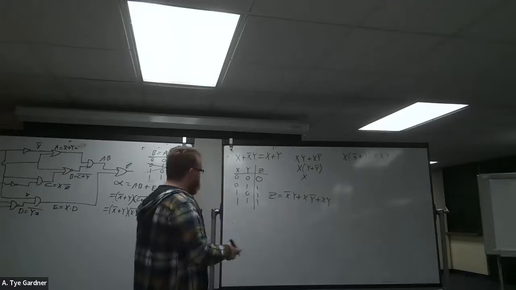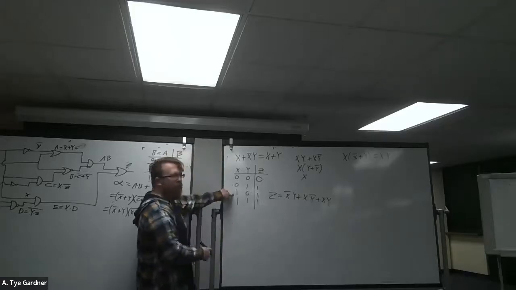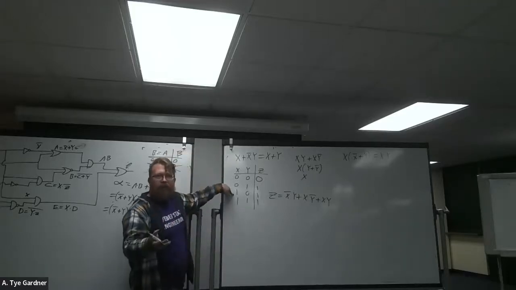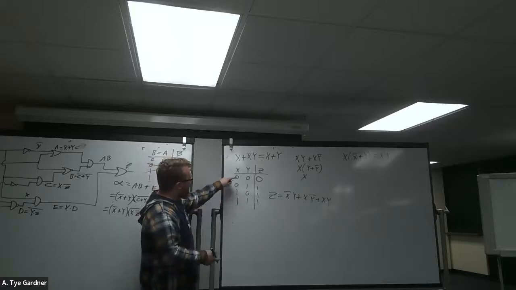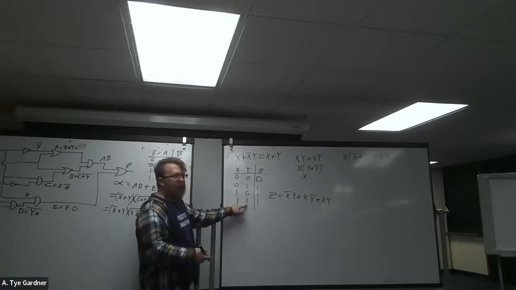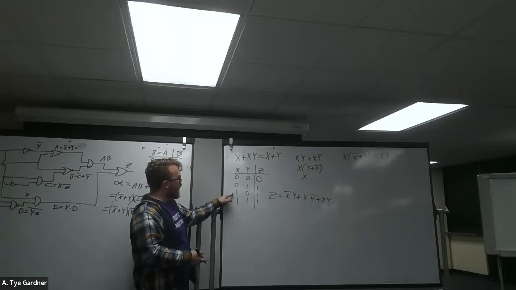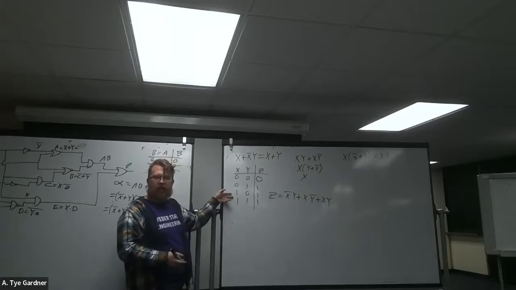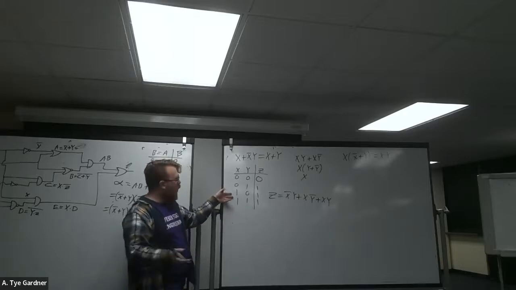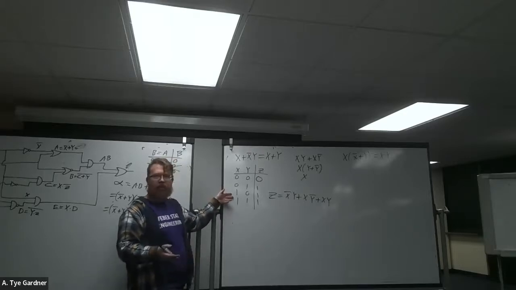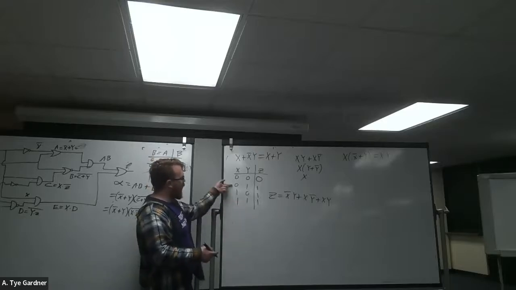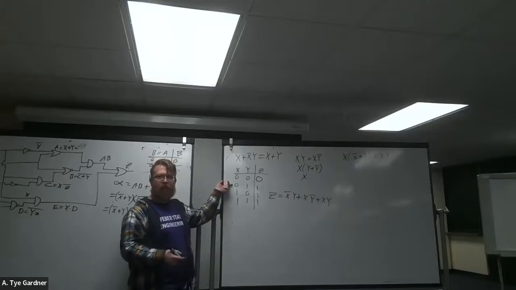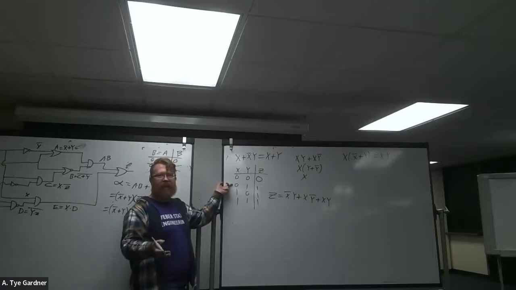So see how 0, 1 and 1, 0, both x and y are different in this, but x, y is 1, 1 and 1, 0, that's logically adjacent because only the y term changes. Guess what else? This x, y is also logically adjacent to this min term because it's only different by x.